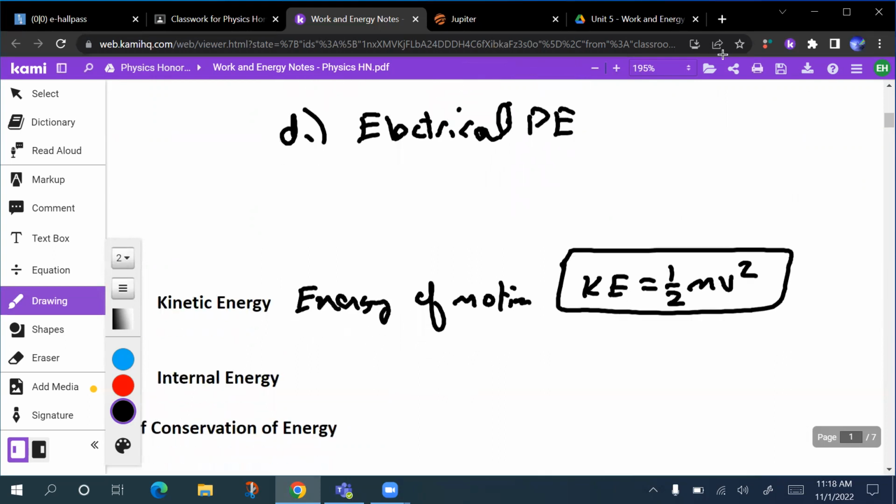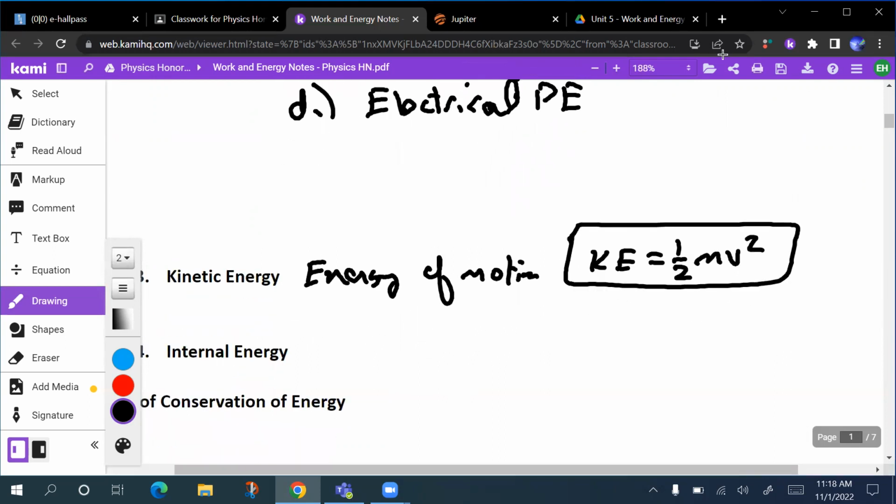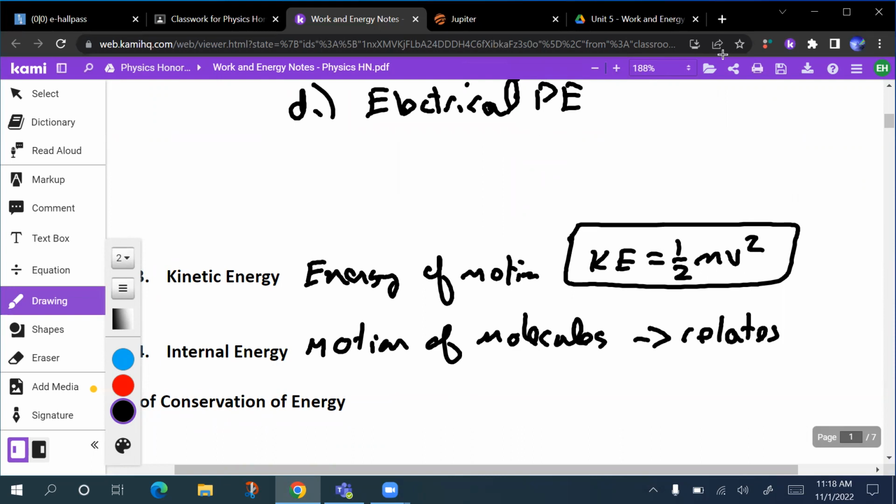Okay, now internal energy is something that deals with the motion of molecules. It relates to heat.